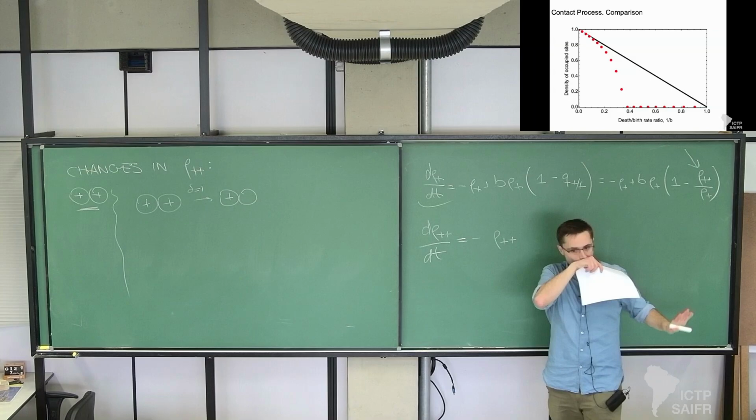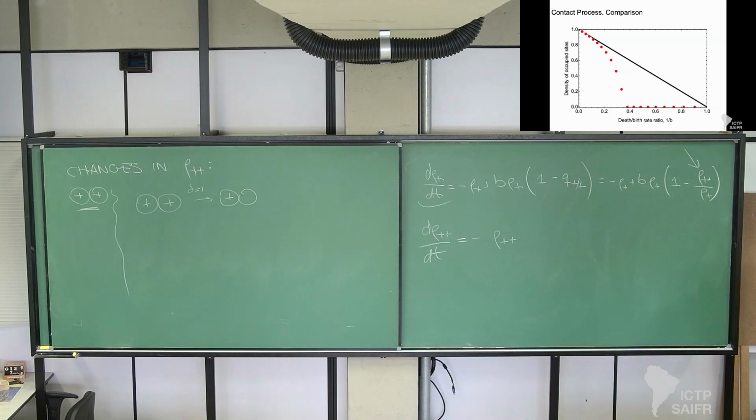Question, yes. Sorry, I got stuck thinking about why is Q plus plus the same as rho plus plus over rho plus? Yes, but that is your previous question, right? Why is rho plus plus equal to Q plus plus times Q times rho plus?